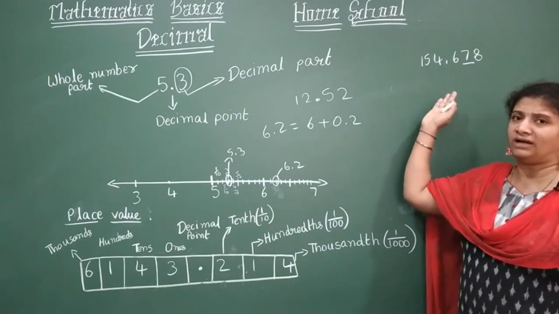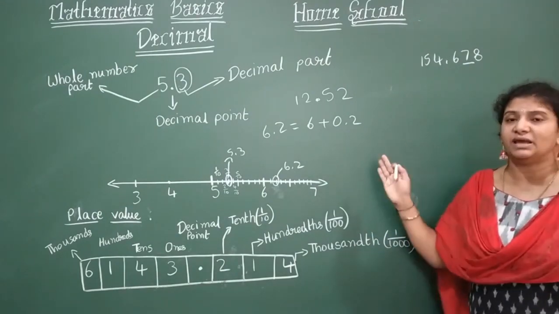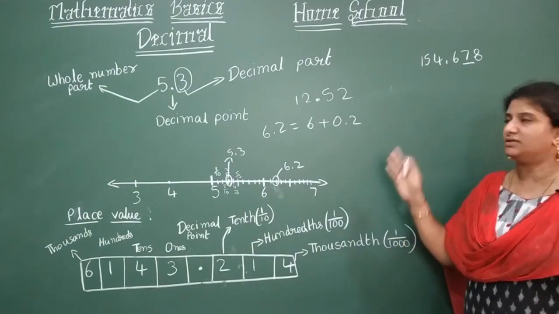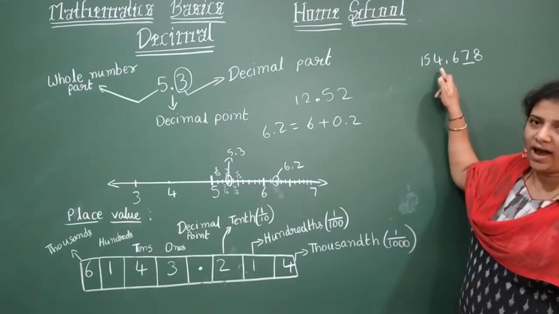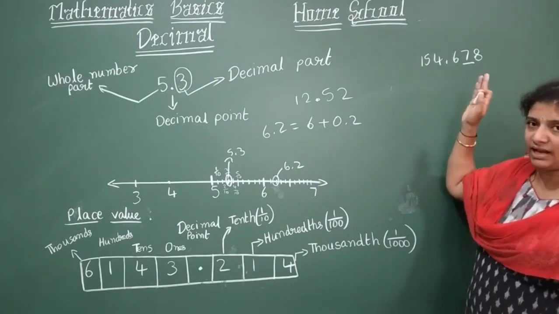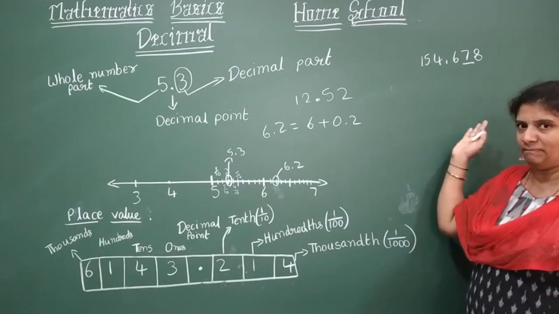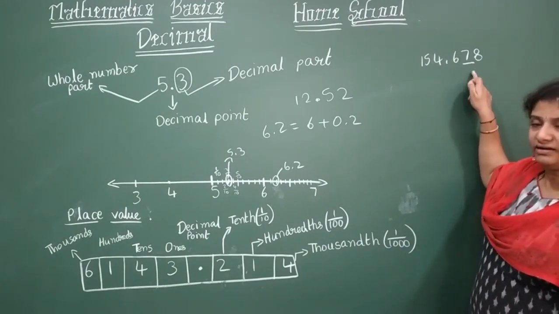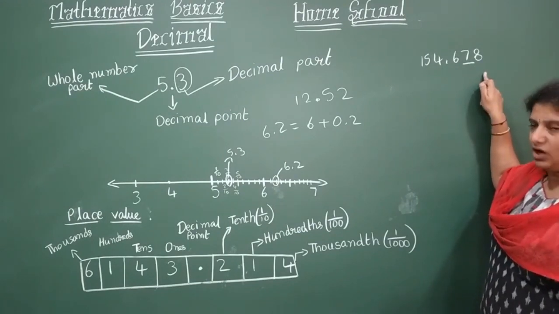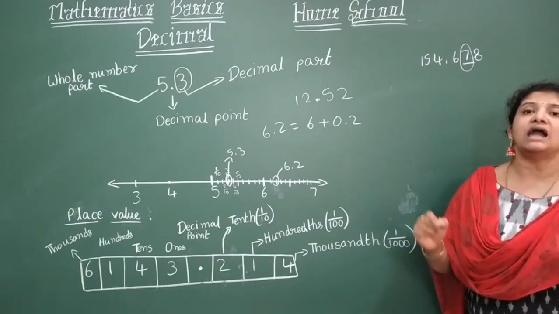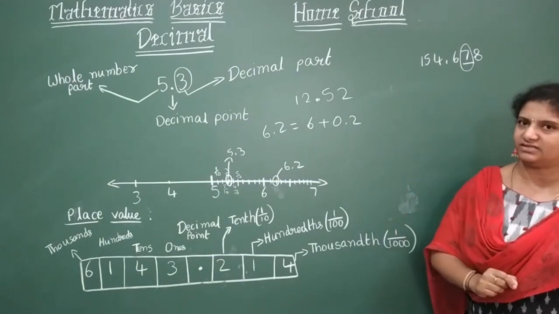Towards the left side of the decimal point, it is the Indian number system, also called the Hindu-Arabic number system. How do we start here? Ones, tens, hundreds. But after the decimal point, this part is the decimal part. How do you read this place value? Tenth, hundredth, thousandth. Okay, what is the place value of 7, children? It is in the hundredth place.